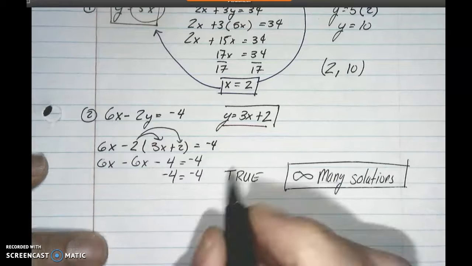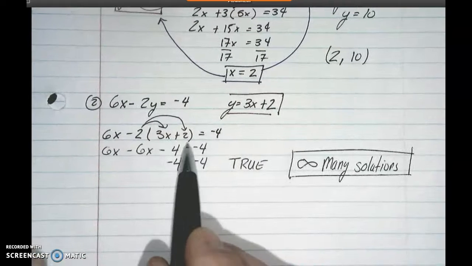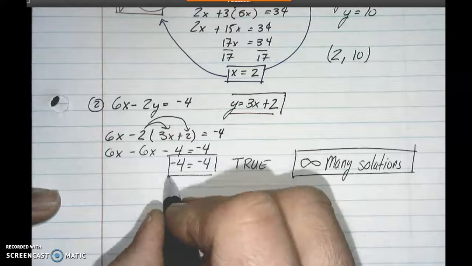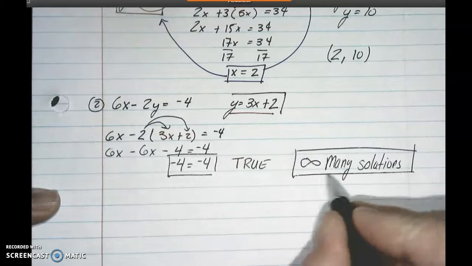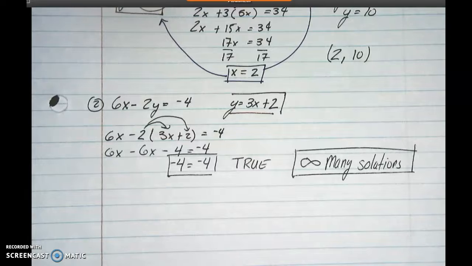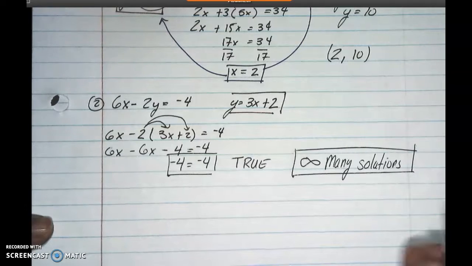Because when we do our simplification, we simplified everything down. If you get a true statement, that means that it is infinitely many solutions. That means that we're working with the same line. Okay?